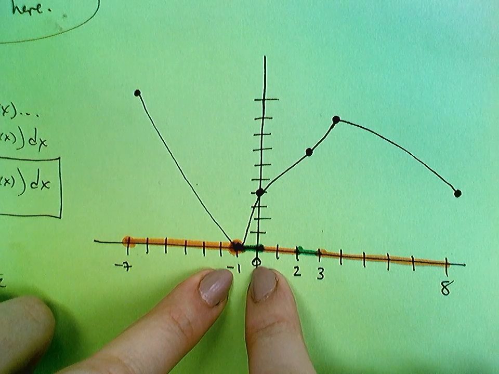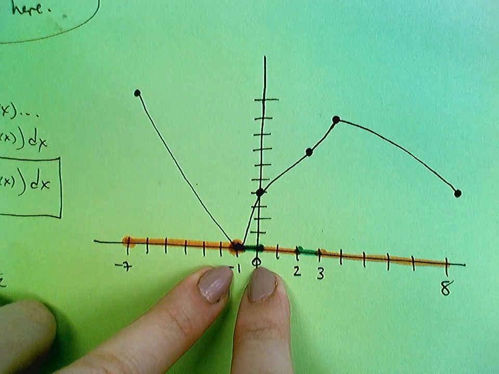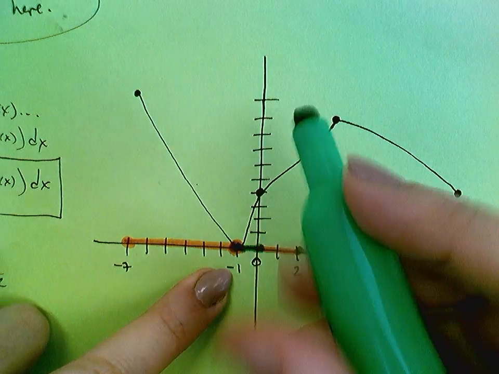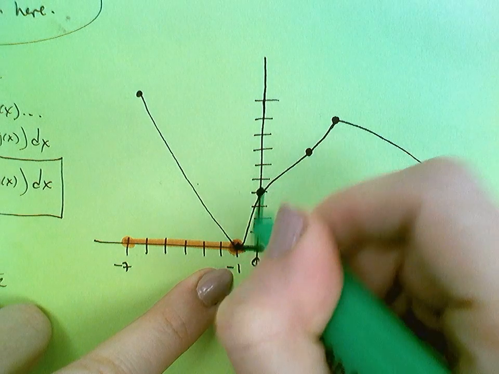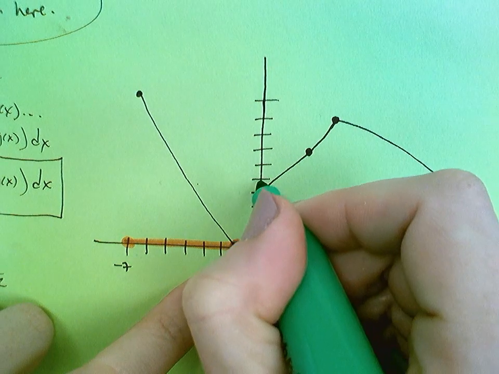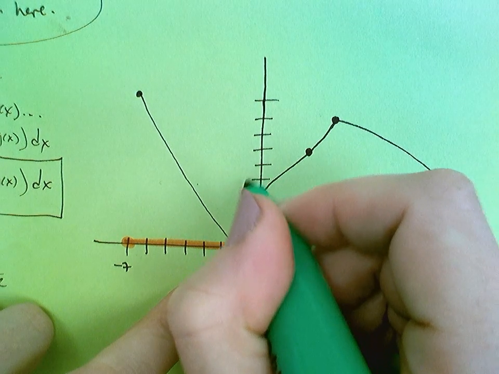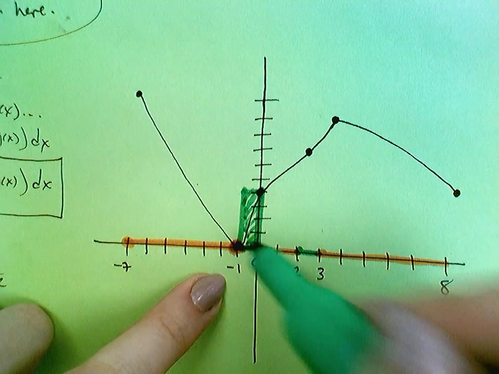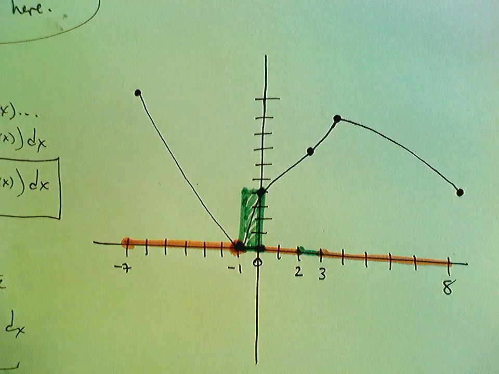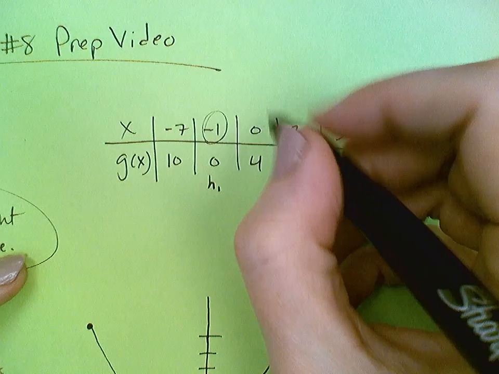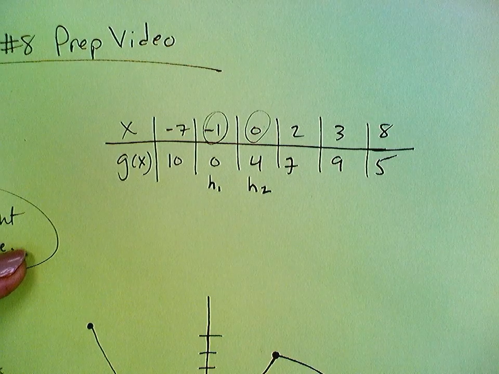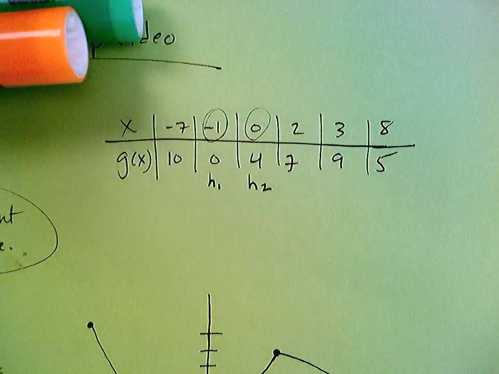Now for the next subinterval from -1 to 0, left endpoint -1, right endpoint 0. I'm using the right endpoint for the height. So I go to the right endpoint up to the graph. So this is going to be the height of this rectangle. I use this right endpoint, so that's the height of my second rectangle.